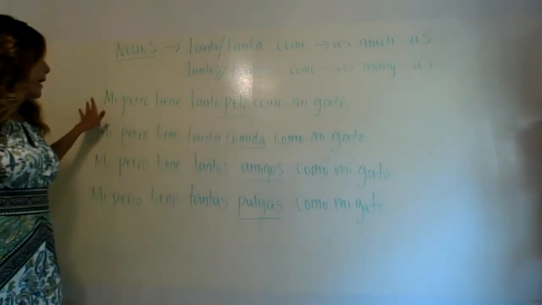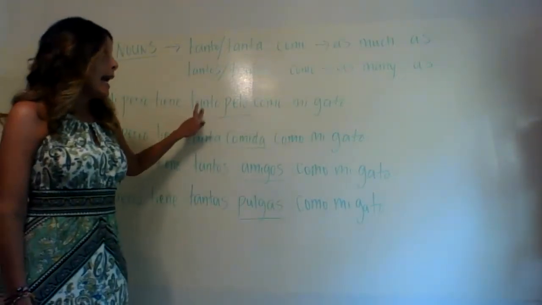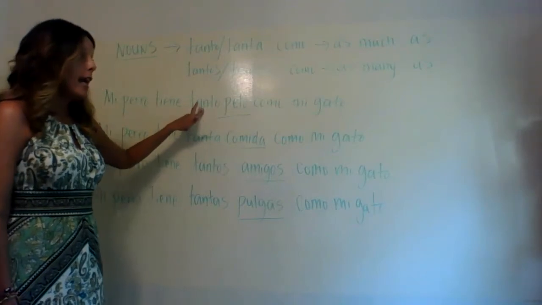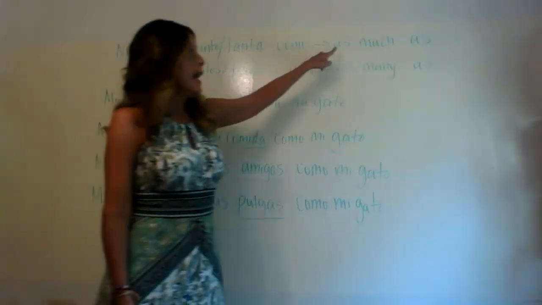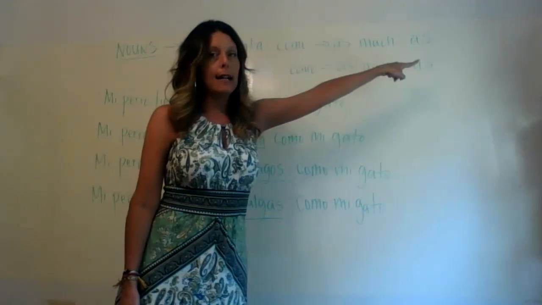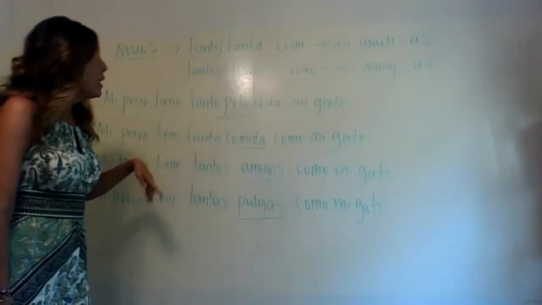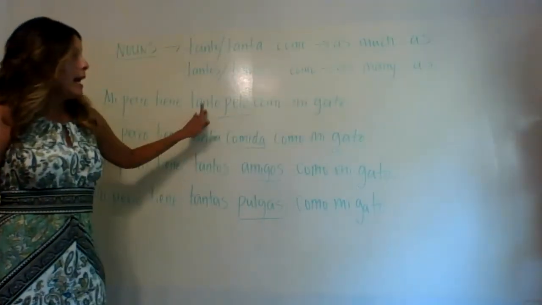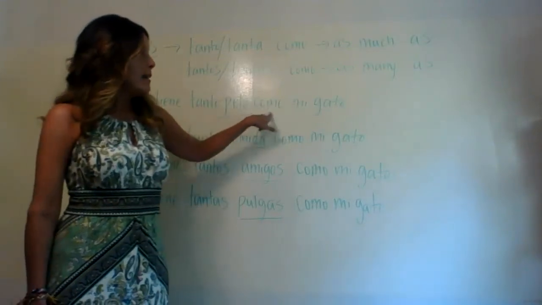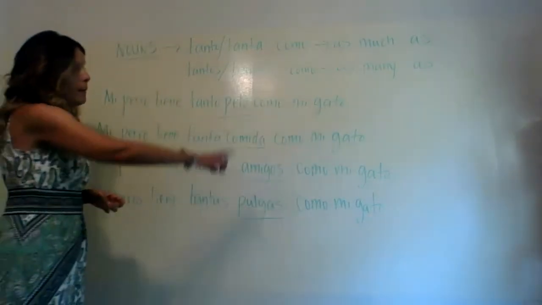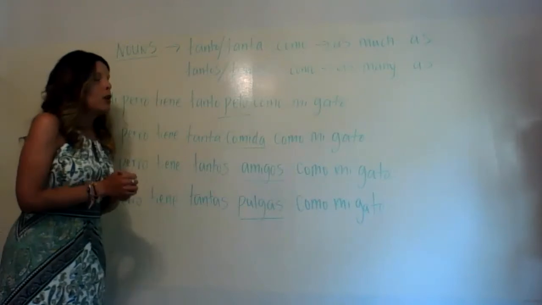So we have my dog has as much hair as my cat. Notice again, as much as is what's written up there at the top. So my dog has as much hair as my cat in its masculine and singular form.